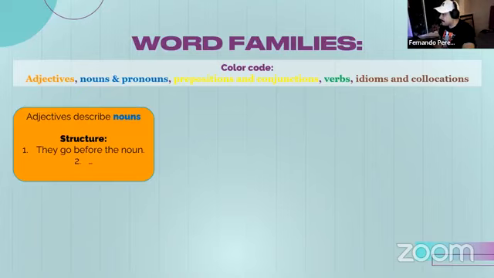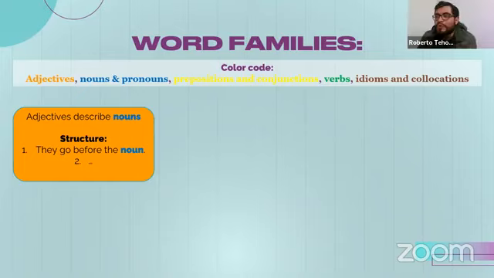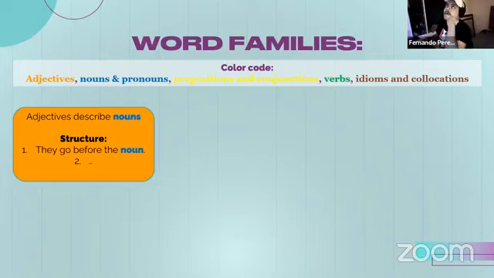Remember, make memory. Maybe a connector. For example, to grow up. Grow is a verb, not an adjective. Then that's not the one.